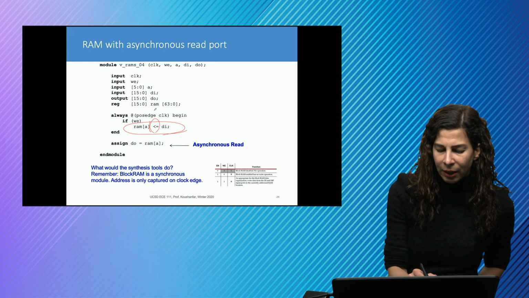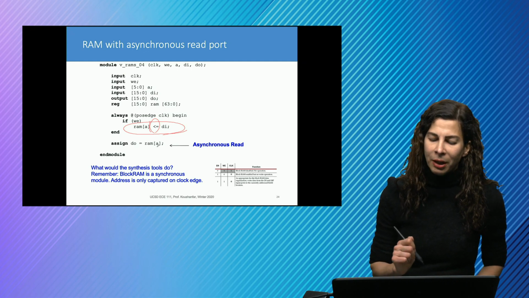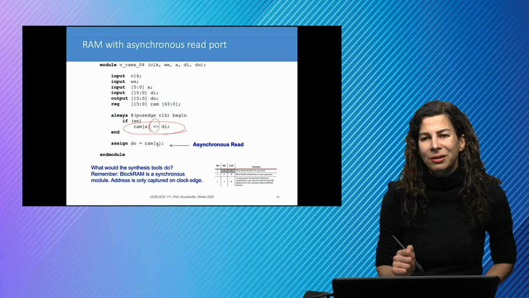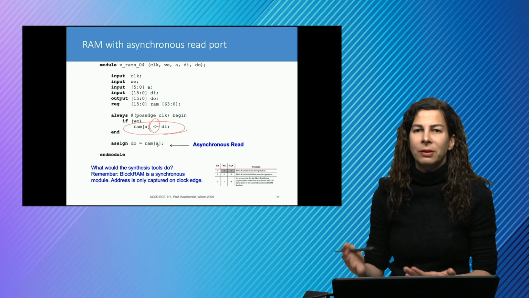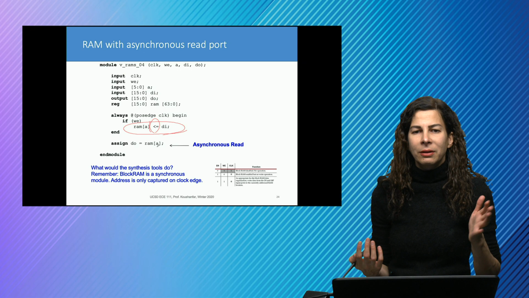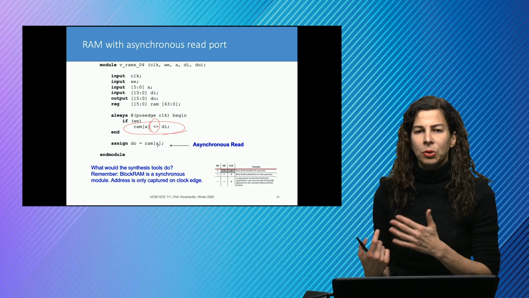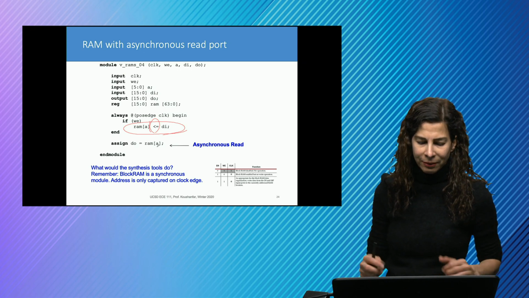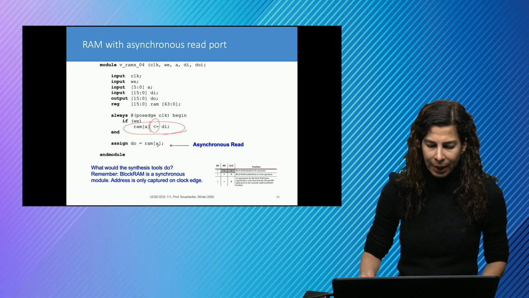But here we are using an assign statement, which is blocking, which means that we are doing an asynchronous read. This is not synchronized with the clock. Every time you're updating the value, it is going to asynchronously read the value into that operation.